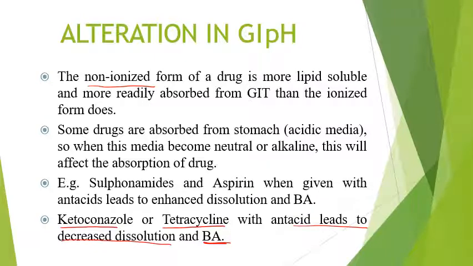Similarly, drugs like sulfonamide and aspirin, when given with antacid, lead to enhanced dissolution and bioavailability. Why? Because sulfonamide and aspirin require either a neutral or alkaline environment for their absorption. So concomitant administration of antacid produces that sort of environment, which enhances the absorption of sulfonamide and aspirin.